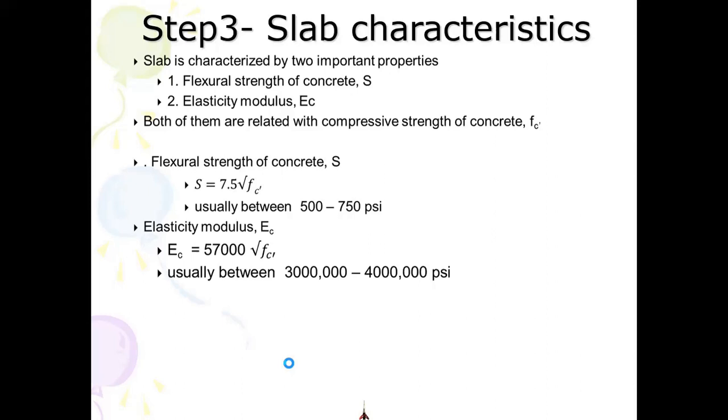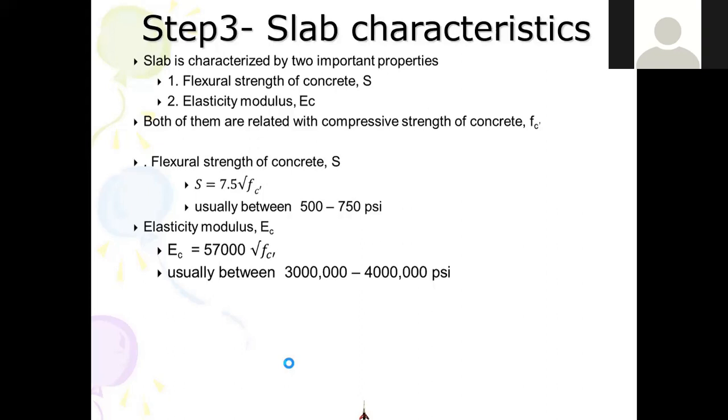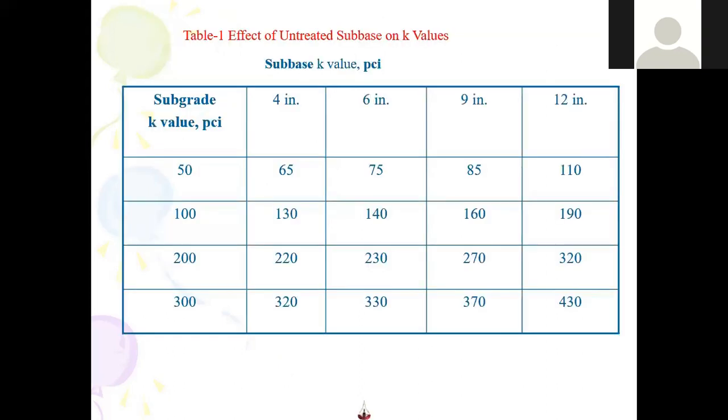Actually, in a rigid pavement design, we assume the thickness of the subbase. We don't calculate subbase thickness. We assume it ourselves. Normally, a 6-inch subbase is provided for a rigid pavement. So once you provide a subbase, the provision of the subbase will improve the bearing capacity of the subgrade soil.